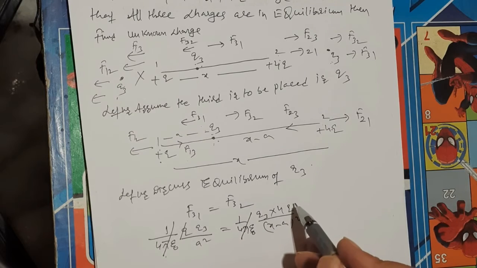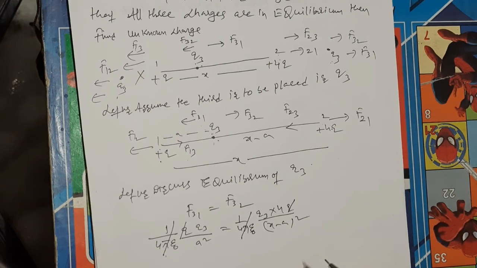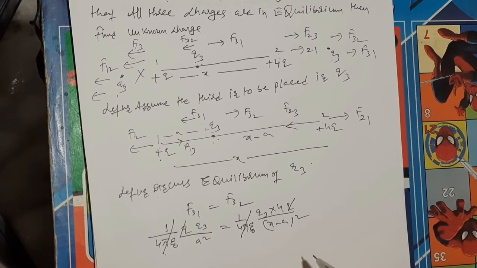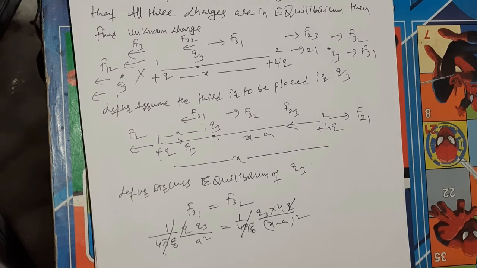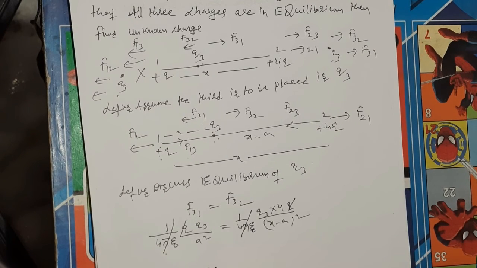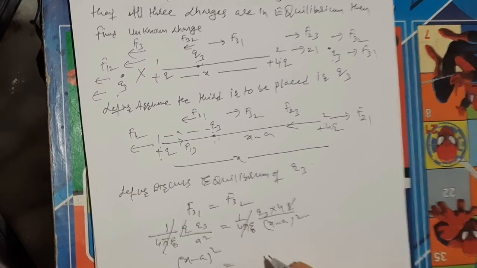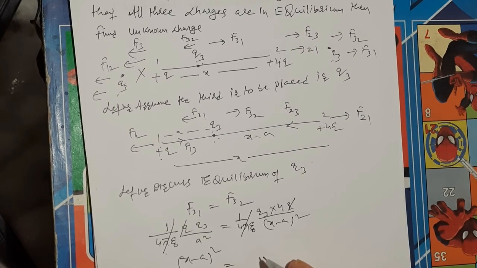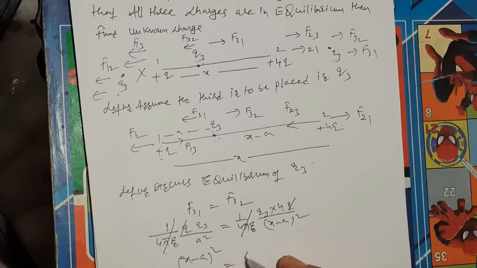Q cancels. Okay. Now here Q by a square, Q also cancels. Now x minus a whole square by a square is equal to, what do we get here? 4.